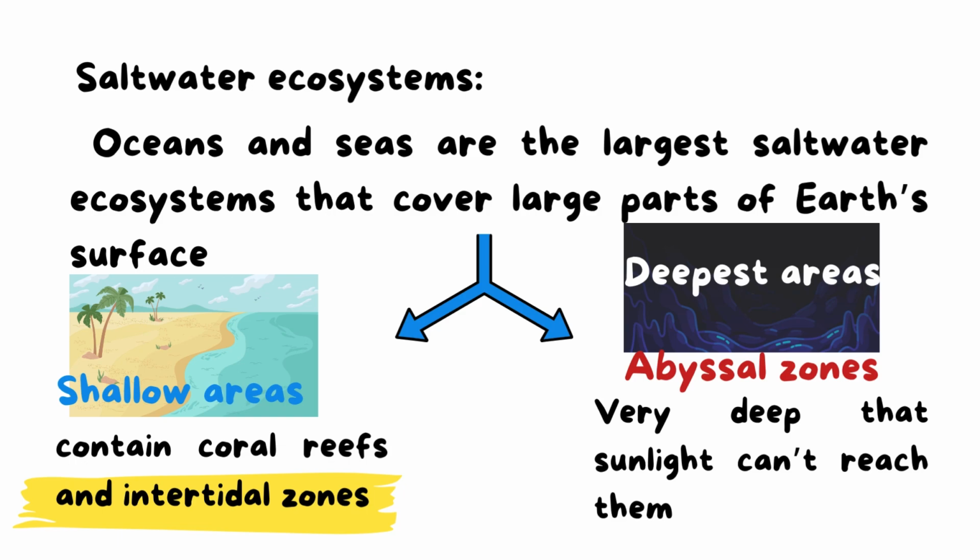These saltwater ecosystems are classified into shallow areas and deepest areas. Shallow areas have a low level of water and are near the coast. We know the coast. Yes. They contain coral reefs and intertidal zones.